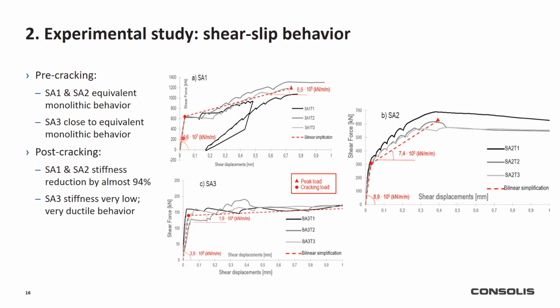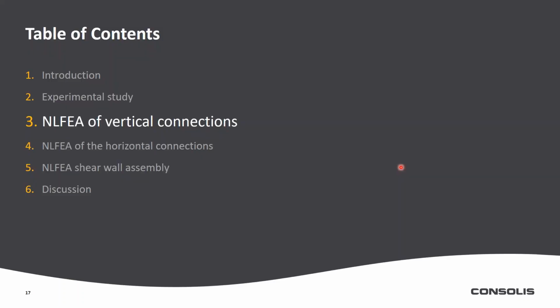We have a very high initial stiffness that is close to the default rigid value considered in frame design, and we have a cracking moment. After that, we have a bilinear behavior, with a significant reduction of the stiffness. So this was a summary of the test results.